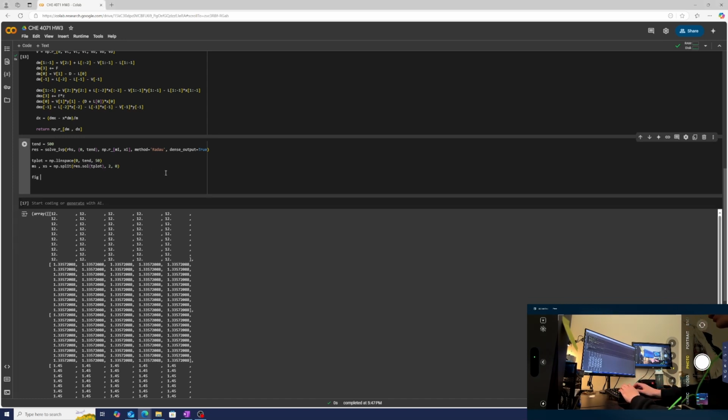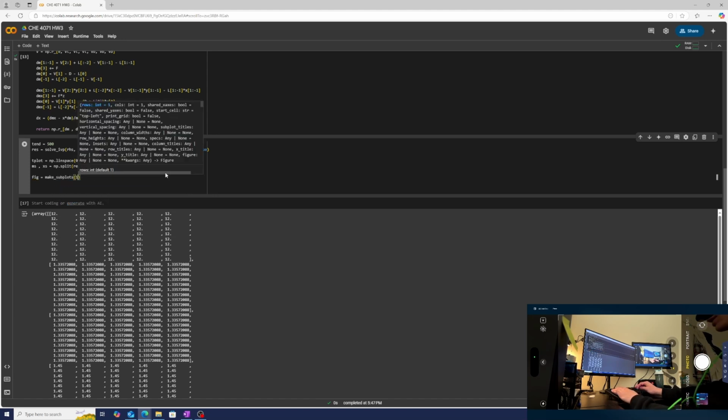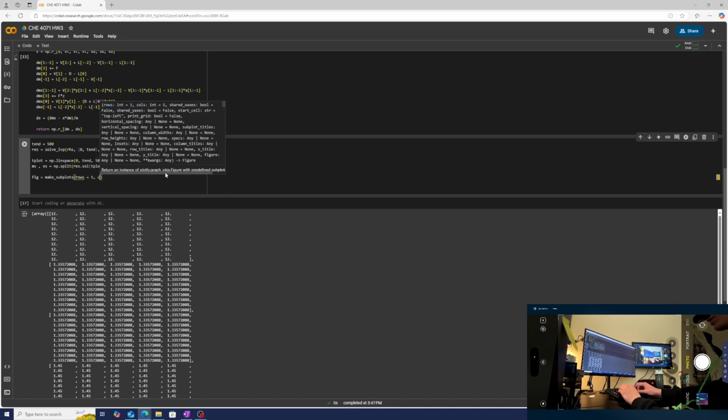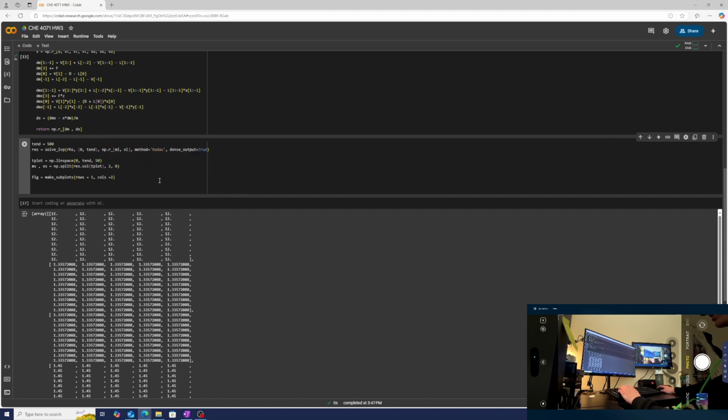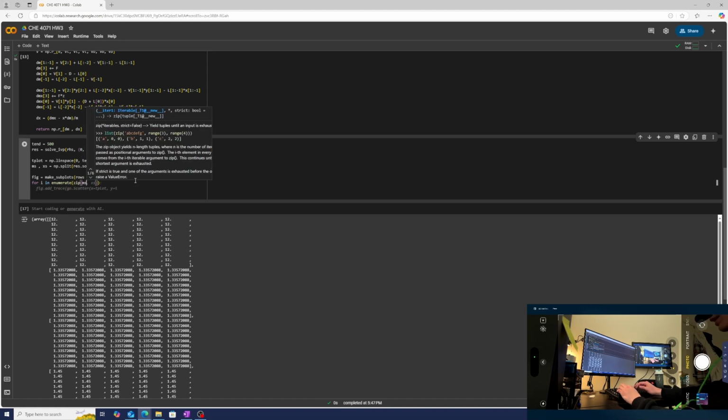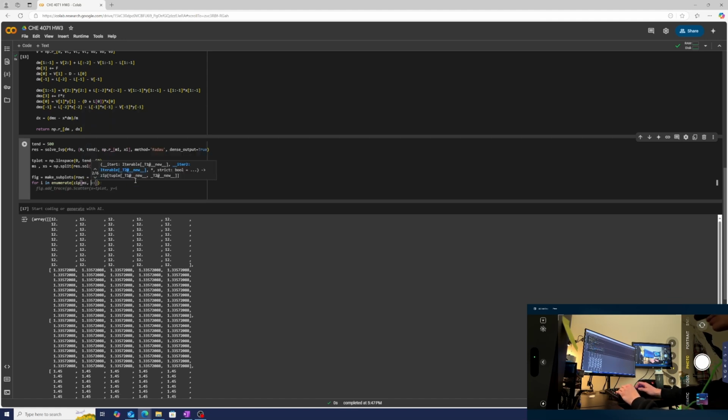So our figure, make subplots. We need rows equal 1, columns equal 2, 1 row, 2 columns, and then for i in enumerate, then we want to zip our m's and our x's.